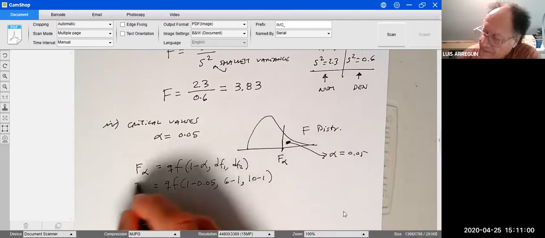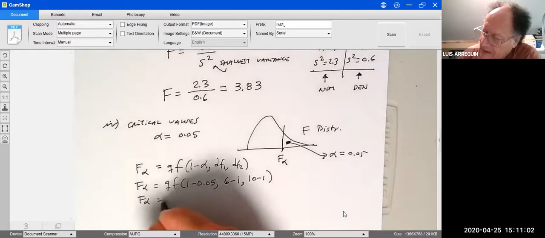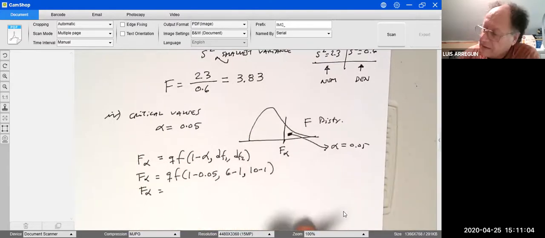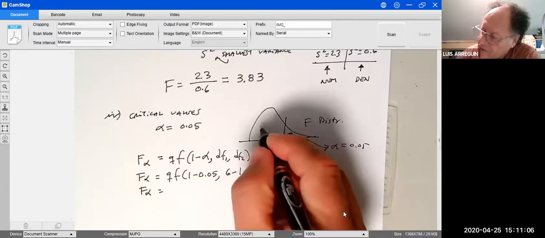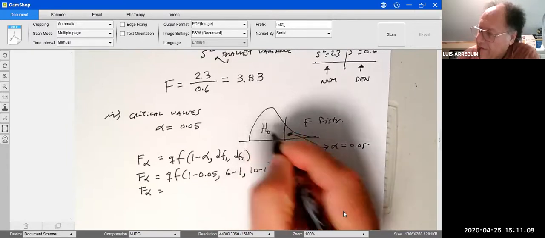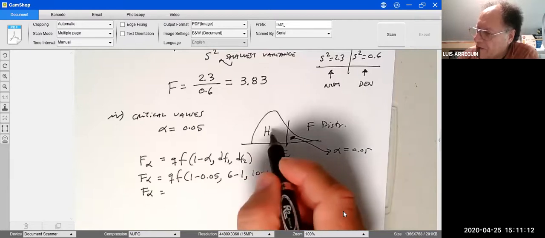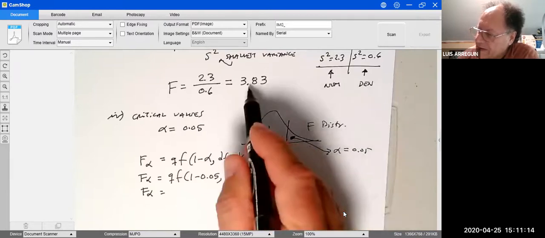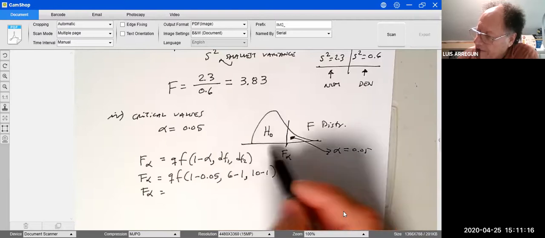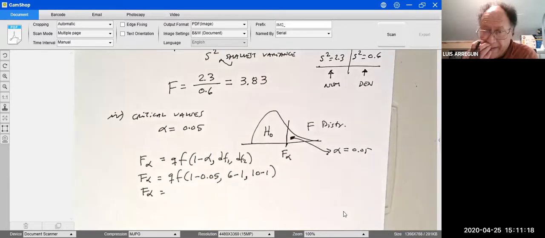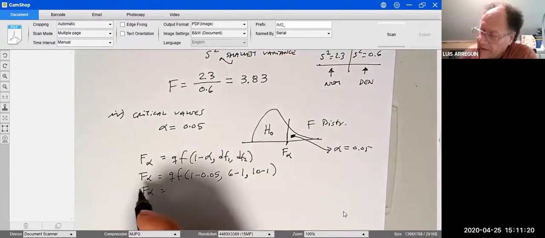With this simple command in R, we're going to find this value here that we're going to use to determine whether our F statistic is in favor of the null or against. So this 3.83 is going to be somewhere depending on this value here, F alpha. Okay, that's the critical value method.